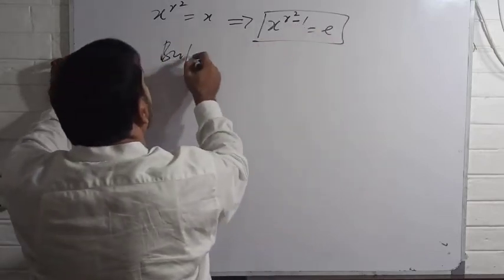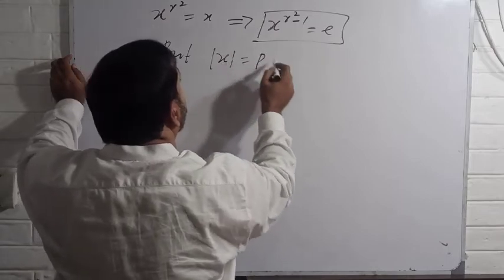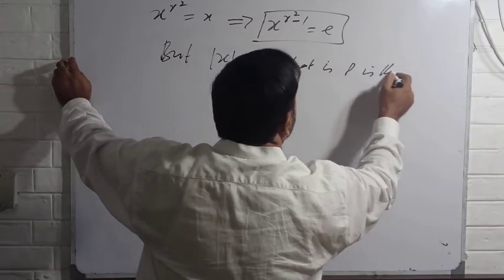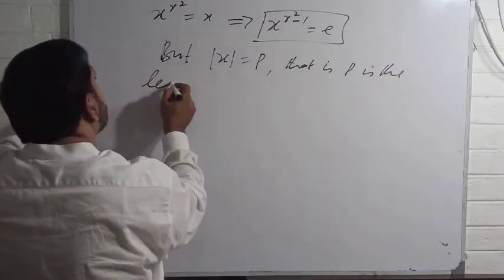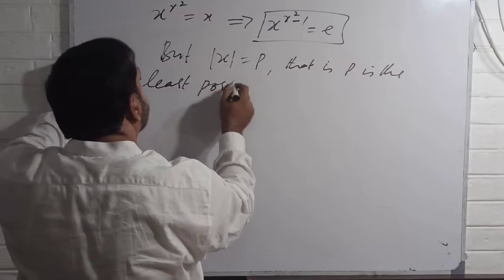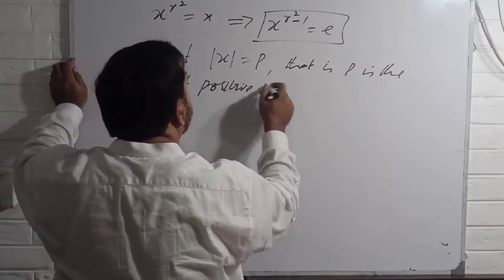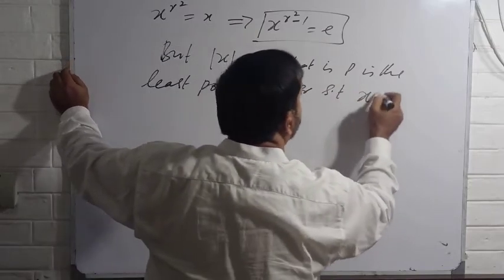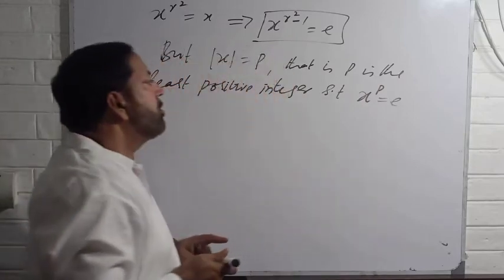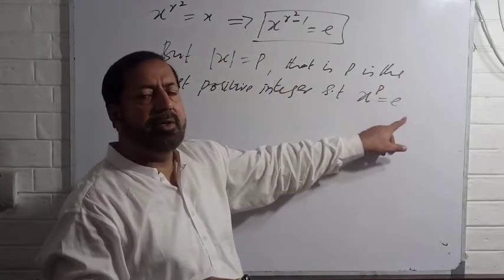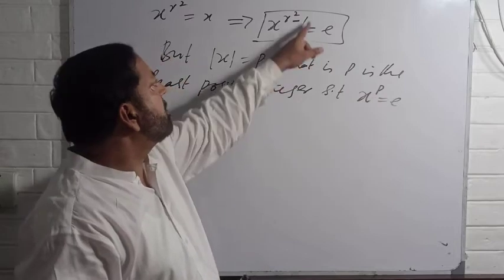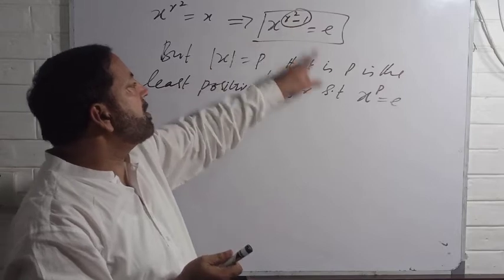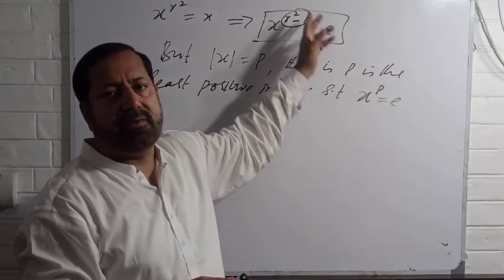But order of x is equal to p, that is, p is the least positive integer such that x power p is e. So here p is the least positive integer, and you know that if some other integer is also leaving identity, then this integer must be multiple of p, or p is a divisor of this.